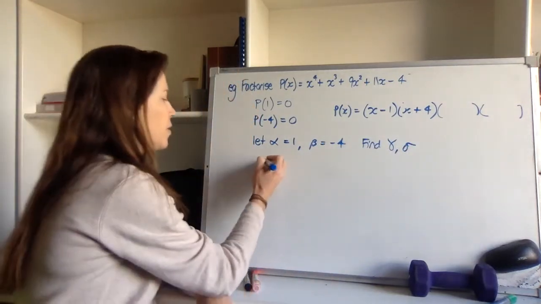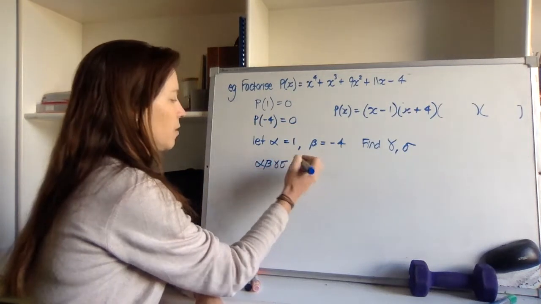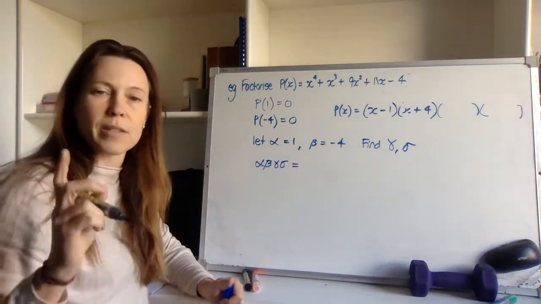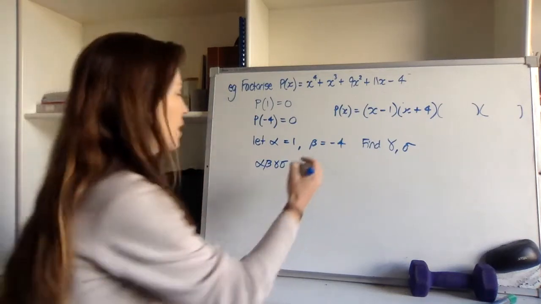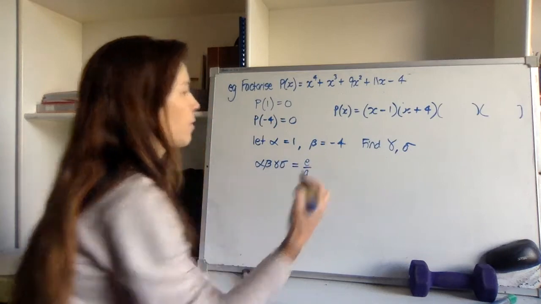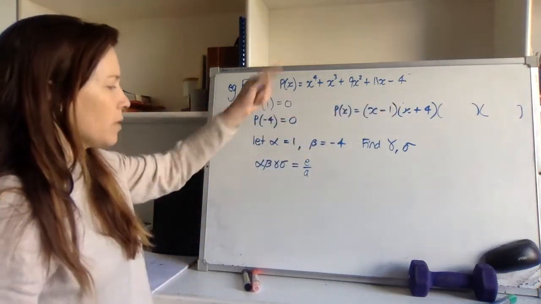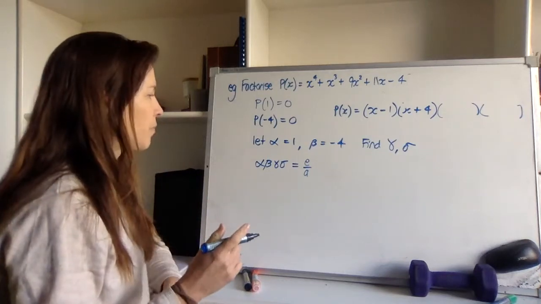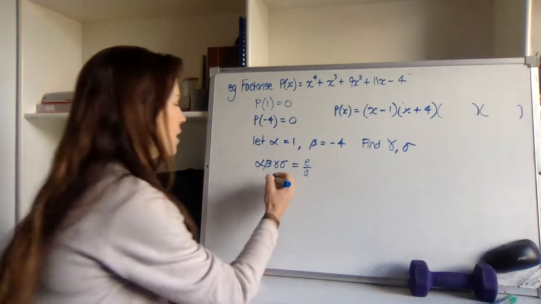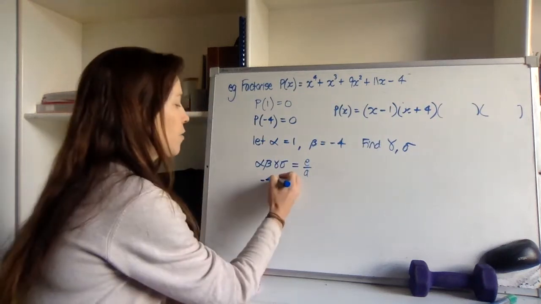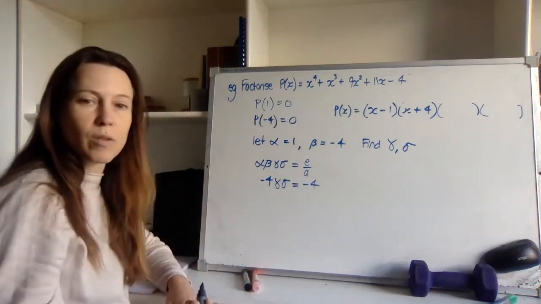So if I know that alpha times beta times gamma times delta is equal to, now it's a quartic curve, this is the product of the roots, so it's E on A, and if I write that down every time it helps me, and E is -4, A is 1, so this actually equals -4, then subbing what I know, I've got 1 times -4, that's -4, and then I've got the two roots that I don't know yet, and all of that has to equal -4.